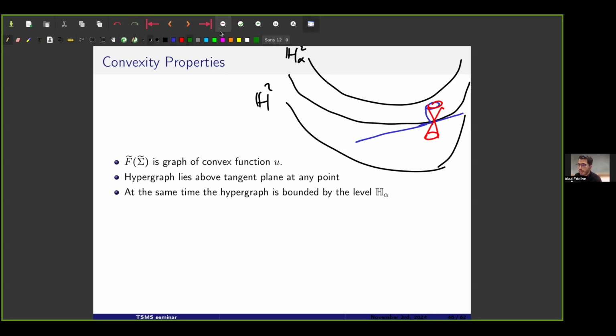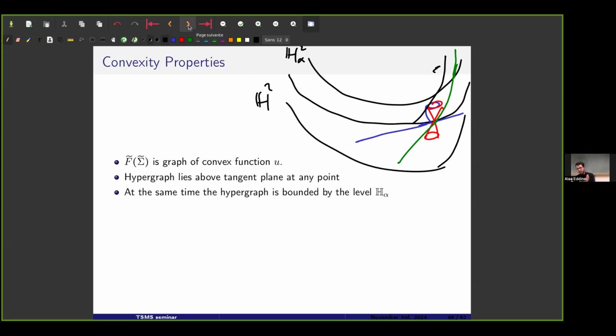it will intersect this level, okay? And this means that since the graph is always above its tangent plane, the graph will be above this level, and this will contradict the fact that it is bounded by the level H2R. So this is basically the idea.